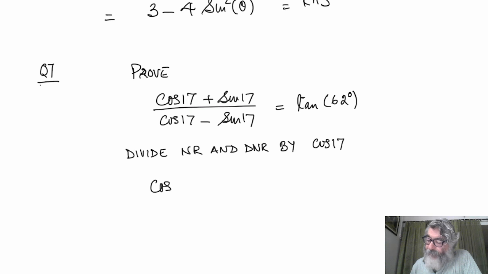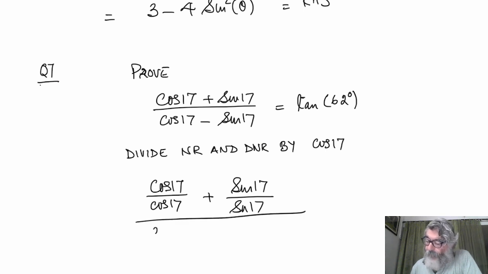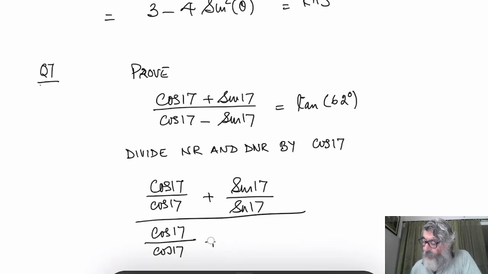So cos 17 upon cos 17 plus sin 17 upon cos 17, upon cos 17 upon cos 17, sorry, minus, it's minus here, minus sin 17 upon cos 17.